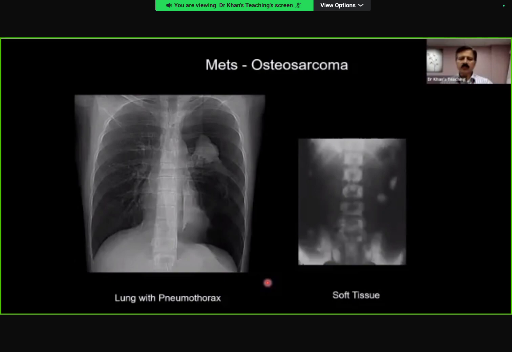They will show you a chest X-ray with pneumothorax, and there might be an ossified metastasis sitting there, meaning that there is an osteosarcoma, and you will be grilled on the concept of that. So remember that. And also, osteosarcoma metastasis very rarely can be in the soft tissue. This is from literature. So it's a very rare thing to happen, but this is an exam.